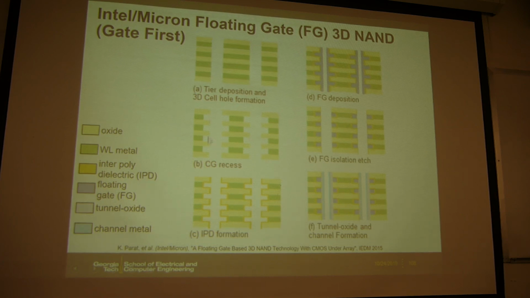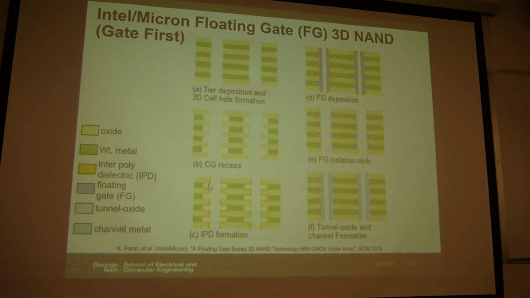So after the A step, what they do is they recess a little bit on the metal wires. I think here is metal and oxide instead of nitride and oxide. So they recess the metal a little bit, because this metal is the gate metal already there, and then we form this interpoly dielectric, and then do the floating gate polysilicon, because in this case it's floating gate, not charge trap.